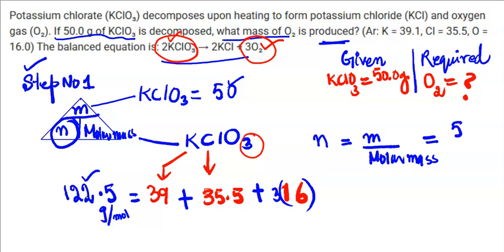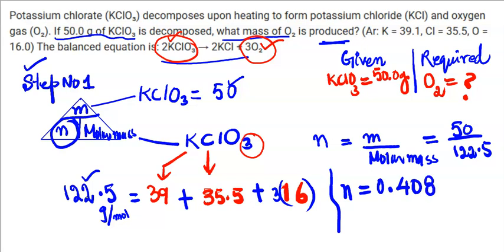Now, mass is 50 and you divide it by 122.5, so 50 divided by 122.5, and you get the number of moles, which is 0.4082. Okay. Now this is the first step.